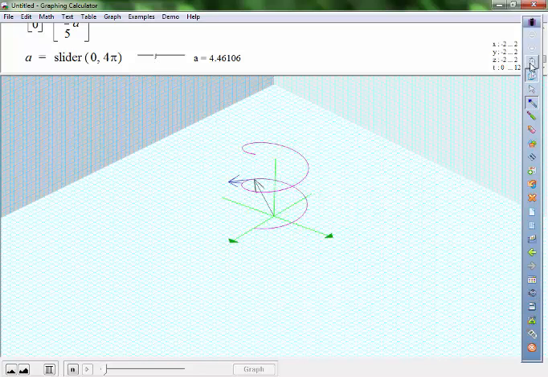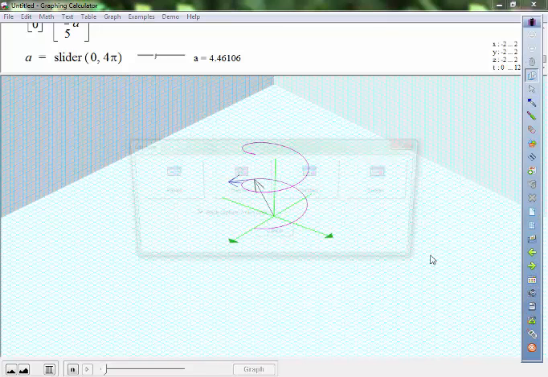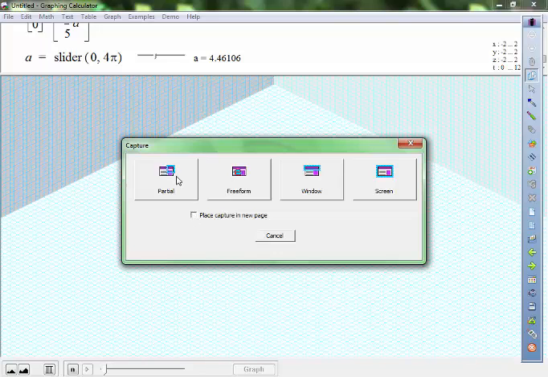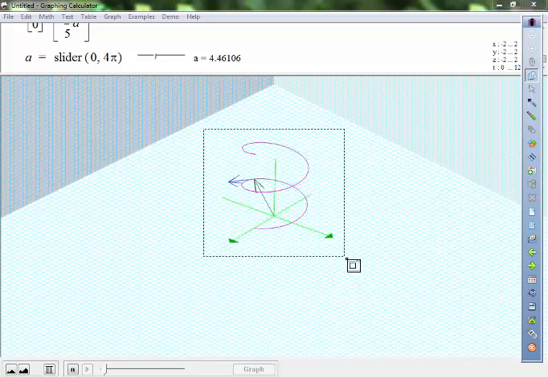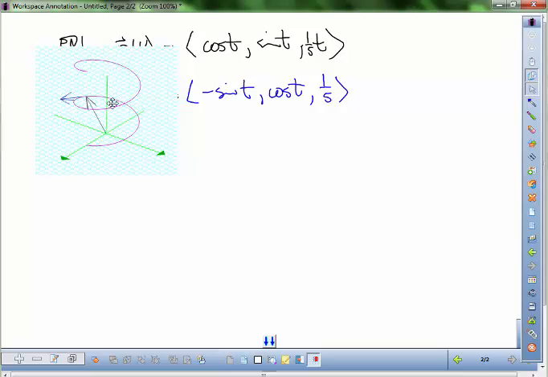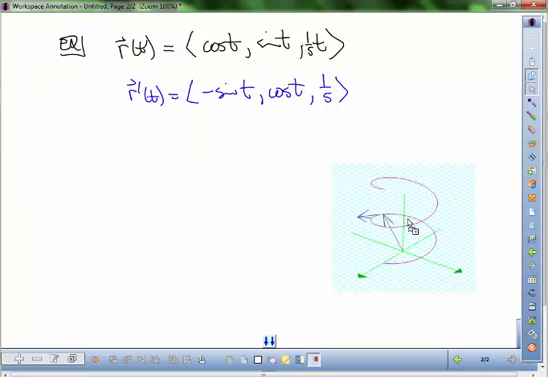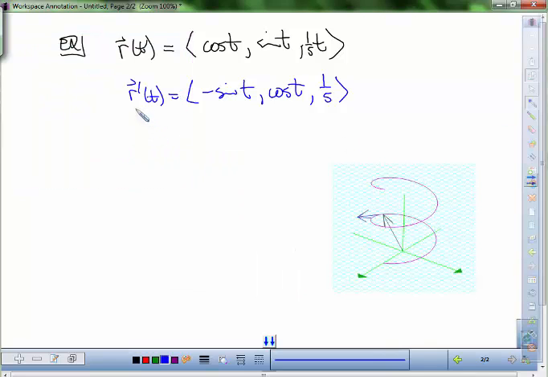So what's all that mean? That means we can find the tangent vector. So this we'll call the velocity vector or tangent vector. Let's call it the velocity vector.